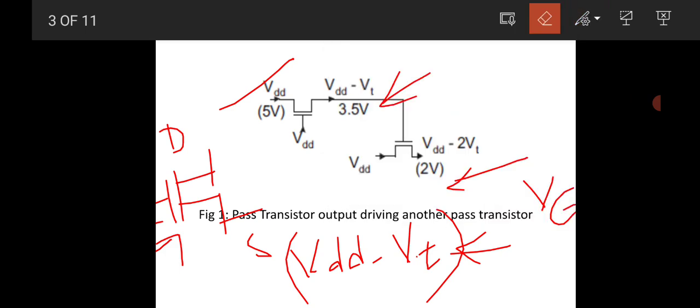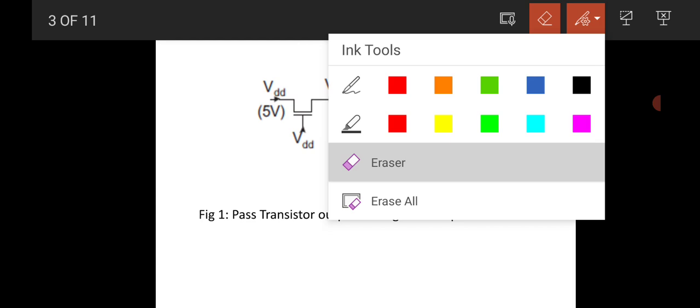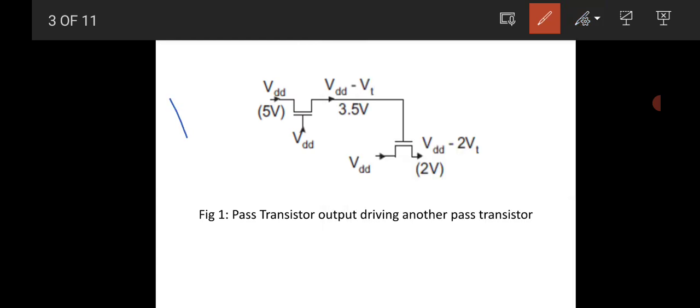Generally this MOS transistor is activated only when the VGS voltage is greater than VT. Only at that time is the NMOS transistor in the on condition.